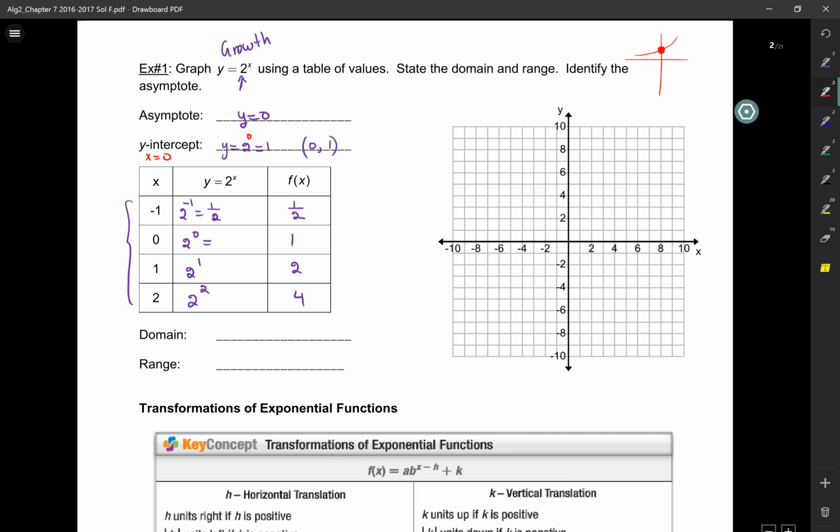Okay? Now, let's first graph the asymptote. It's at y equals 0, right there. I'm putting it right on the line on the test. You can put it like right above the line so it's visible, right?